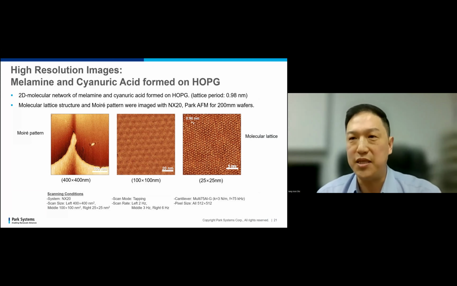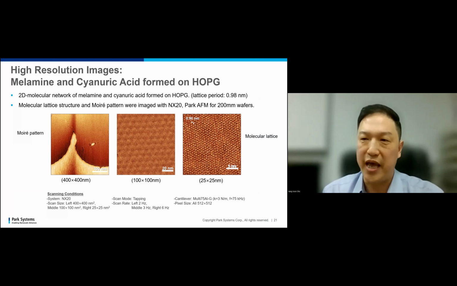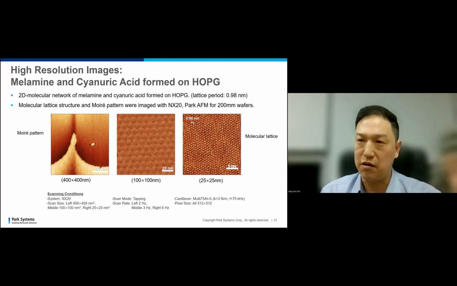This is melamine and thioric acid formed on HOPG, and the lattice period is less than 1 nanometer. This capability is about 3 times better than what was described in the first AFM papers.